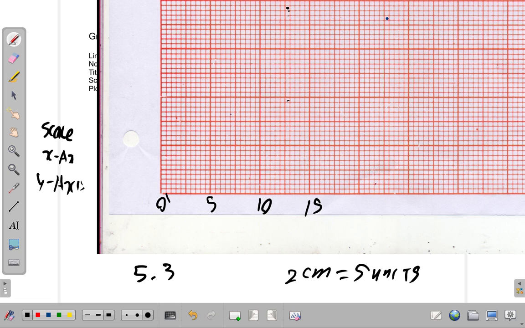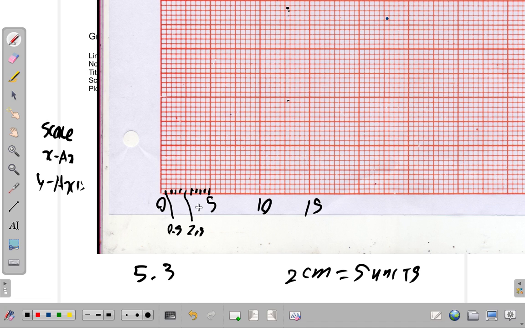So each division represents 1/10 of 5. It's 5 divided by 10 parts, so it is 0.5. We have 0.5, 1, 1.5, 2, 2.5, 3, 3.5, 4, 4.5, 5.